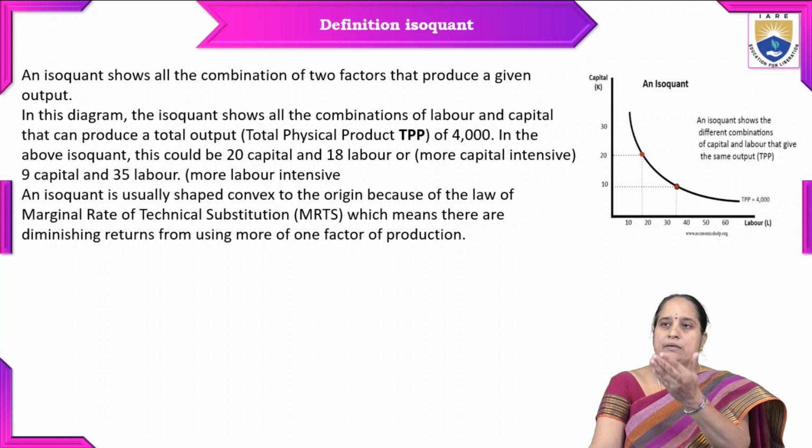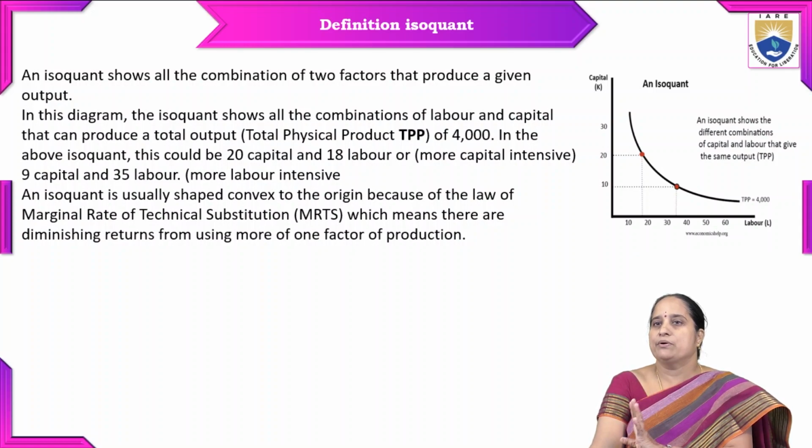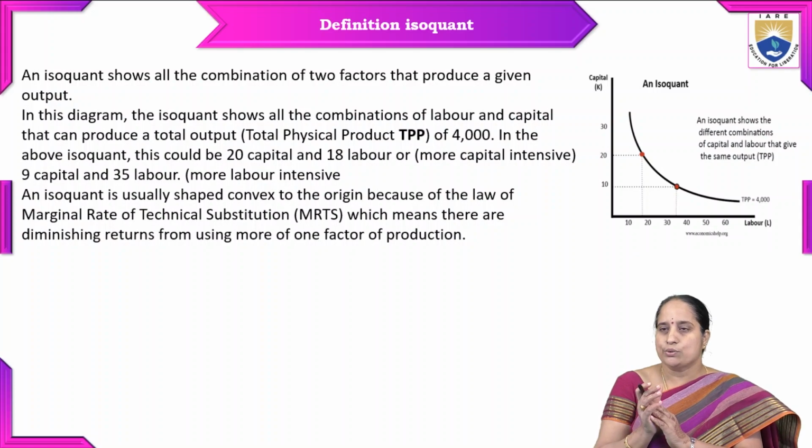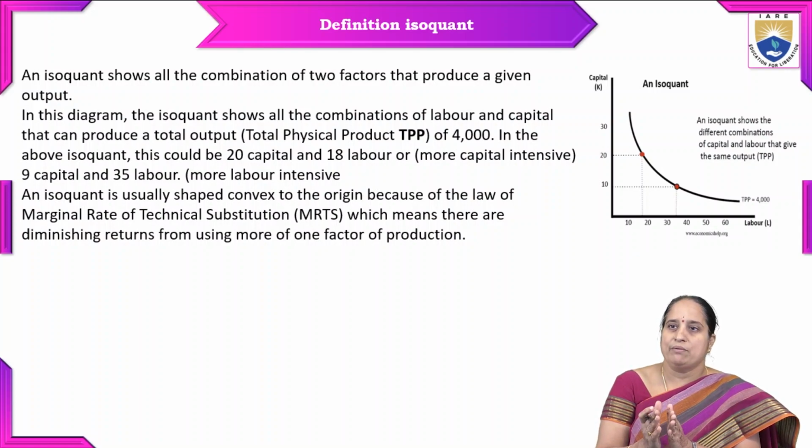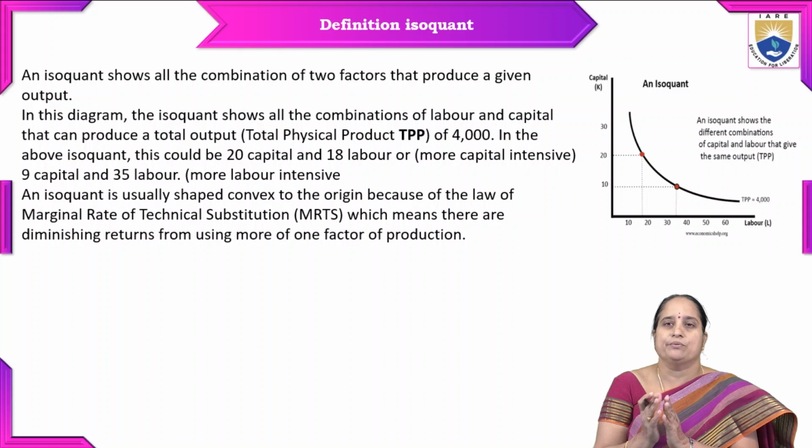If you increase the capital and decrease the labor, again you are going to produce the same number of units. So in the above Isoquant, this could be 20 capital and 18 labor, which is more capital intensive, or 9 capital and 35 labor, which is more labor intensive. Both produce the same level of output, that is 4000 units.